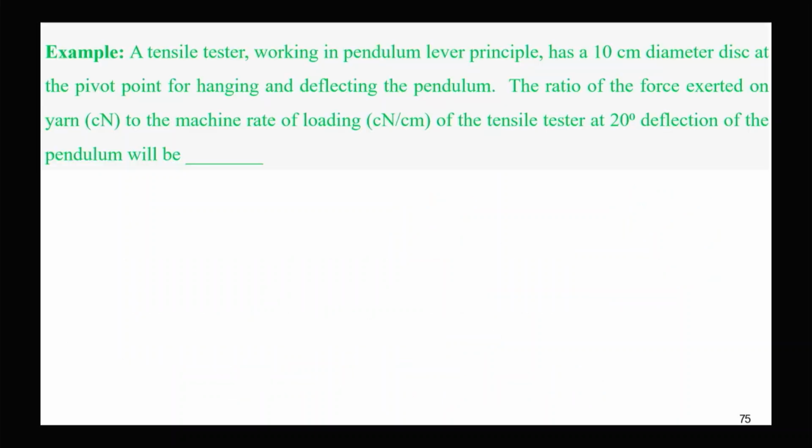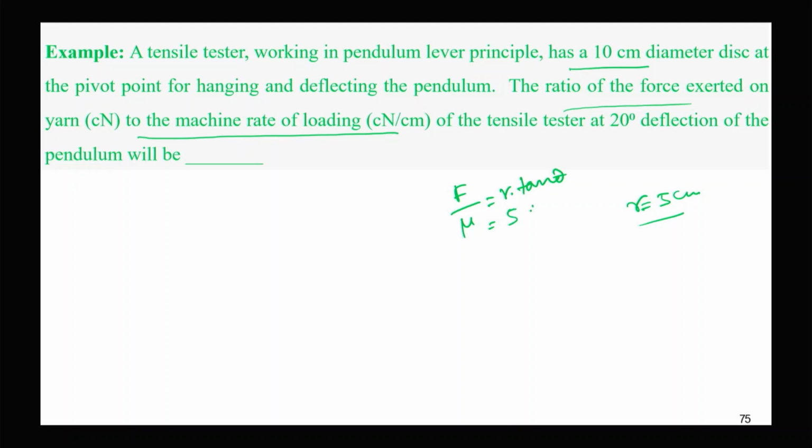Next numerical, similar in nature. Here the diameter is given 10 centimeter, so r will be 5 centimeter, and again the ratio of force exerted on the yarn to the machine rate of loading, F by mu, we have seen is r tan theta. r is given 5 centimeter and the angle theta is 20 degree, r tan 20 degree.